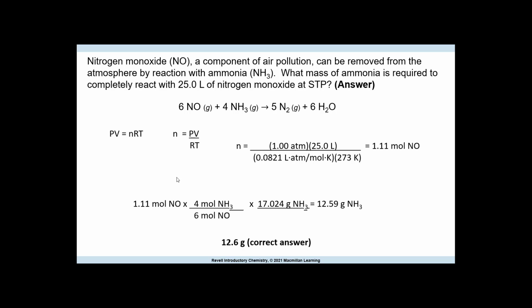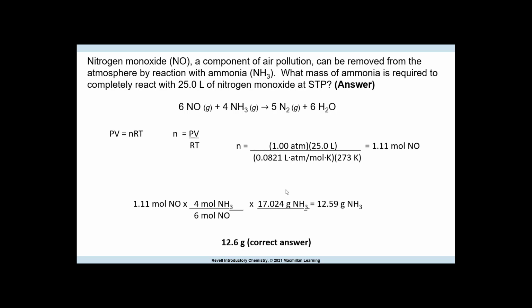The first thing we need to do is determine the moles of NO, since we can't determine the mass until we get to NO. So we use that 25 liters, plug it into the ideal gas equation, and determine the moles. In STP conditions, again, 1 atm and 273 K.